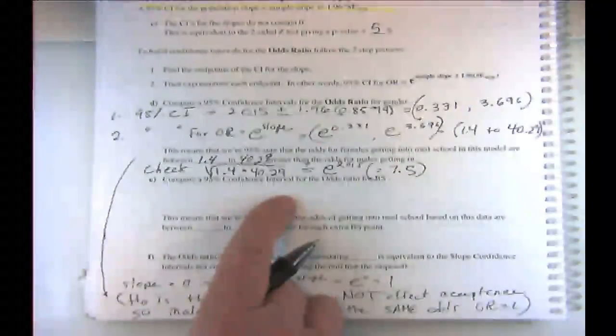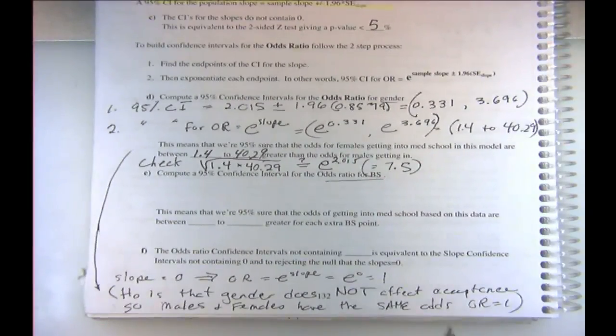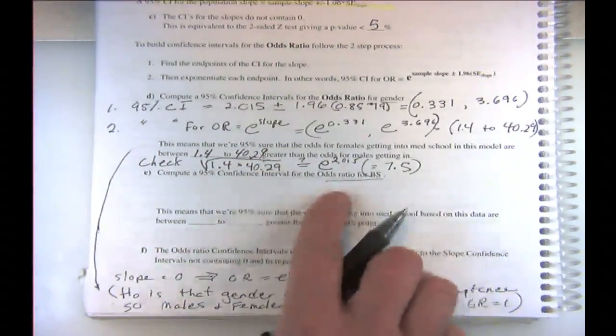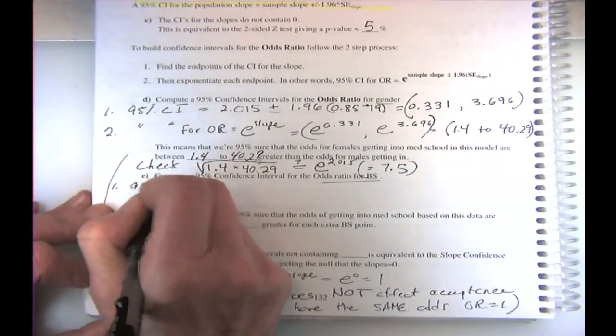Okay. So, let's see. How about if we wanted to do an odds ratio for the biological science score? First of all, let's just do the same thing. So what are we going to do? We find the 95% confidence interval.